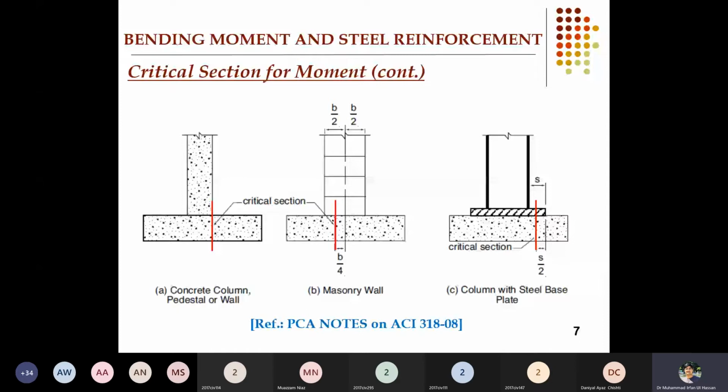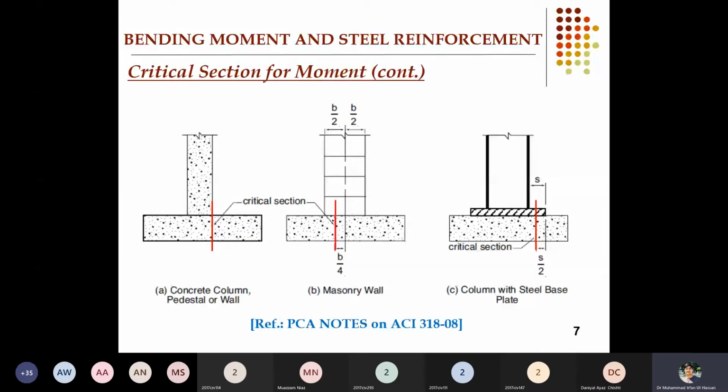I mean, an RCC footing is more capable of taking the soil pressure. That's why. So here the critical sections of the RCC are shown. The left hand side section, which is a column, if the RCC wall is there, the footing section will be at the face.